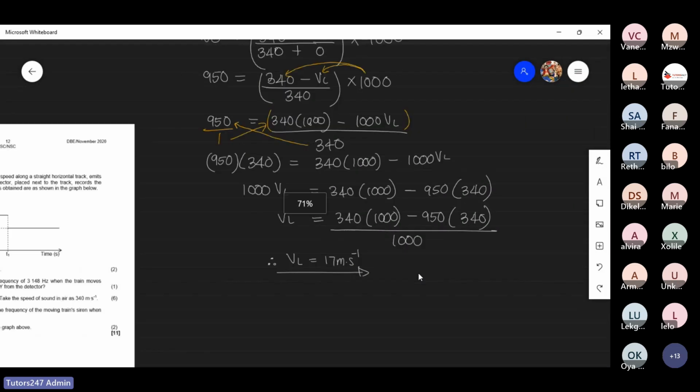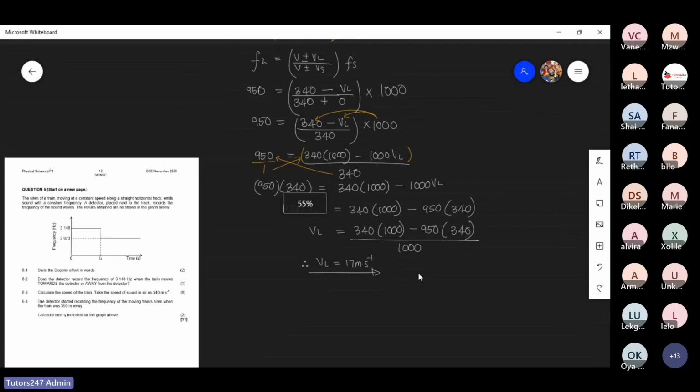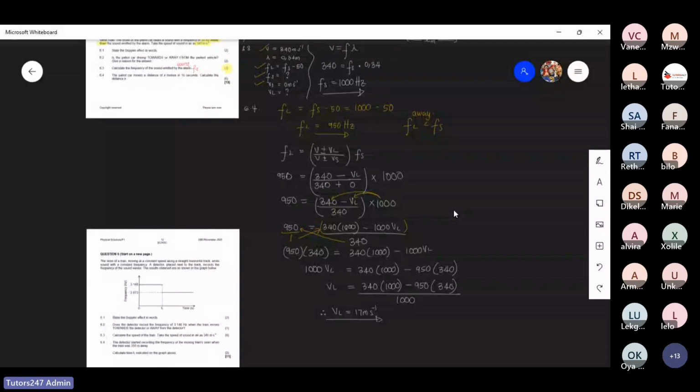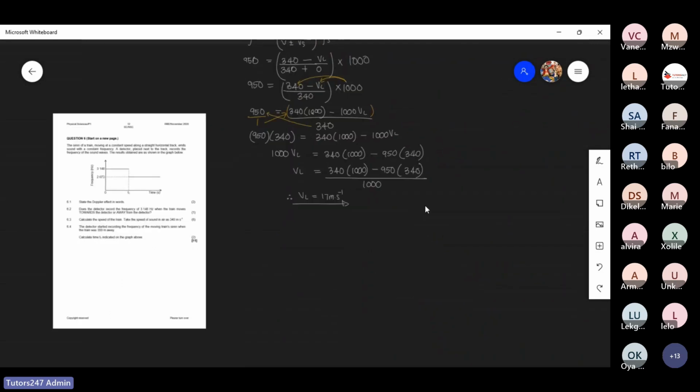Now keep in mind that we are not done. The whole goal of this was for us to calculate the velocity of the patrol car so that we can substitute that velocity into our displacement equals velocity times time equation. Okay, so let us do just that.